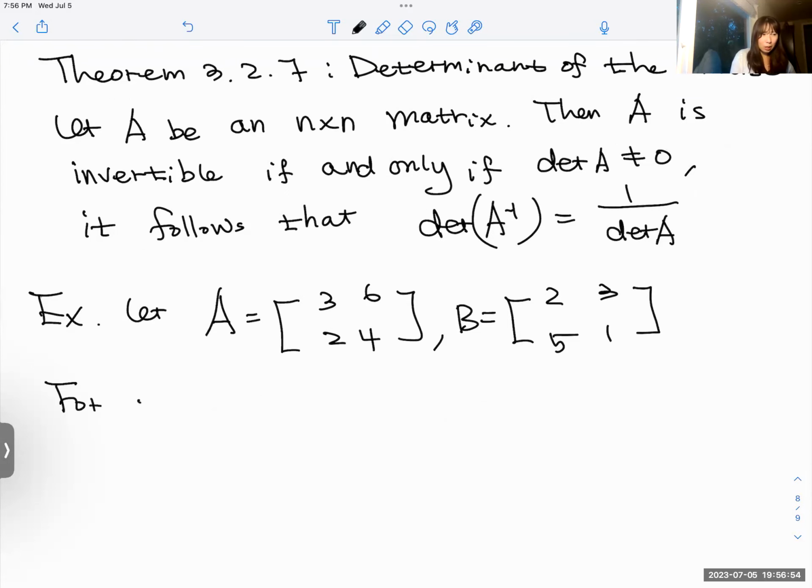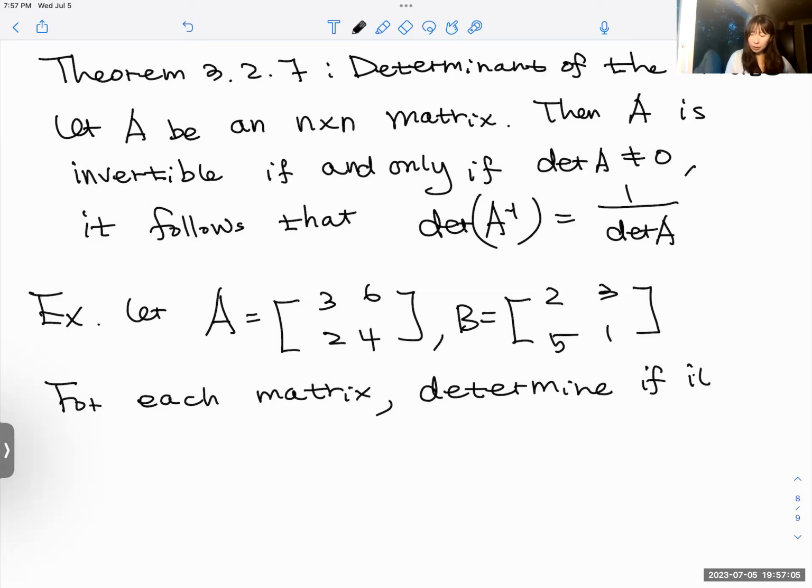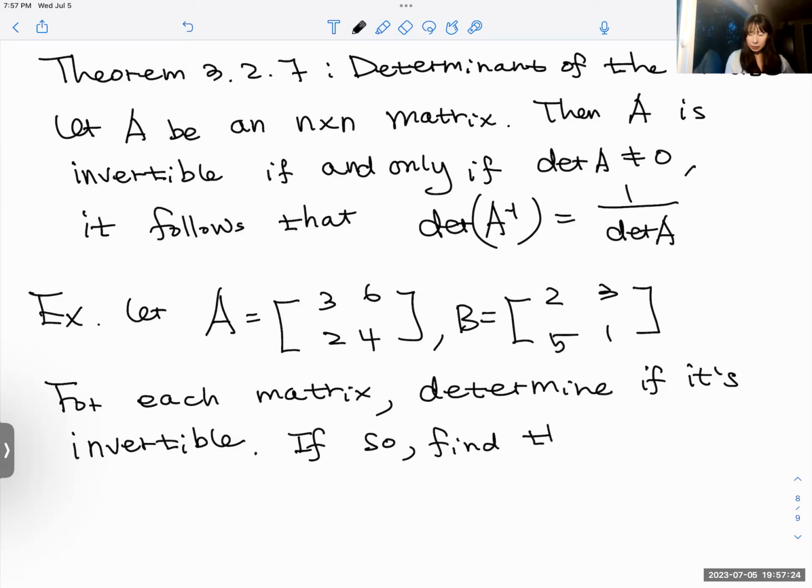Okay, for each matrix, determine if it is invertible. If so, find the determinant of the inverse.